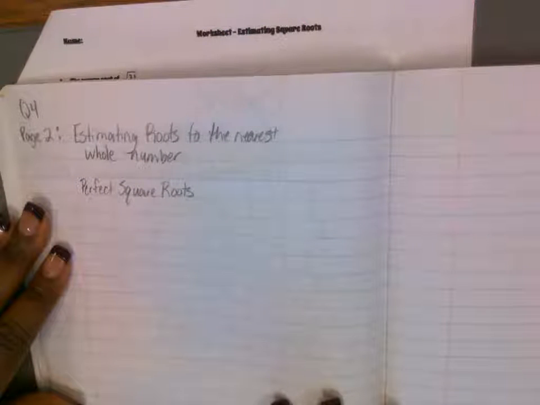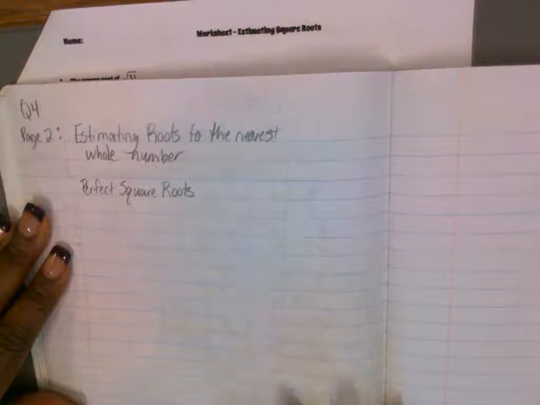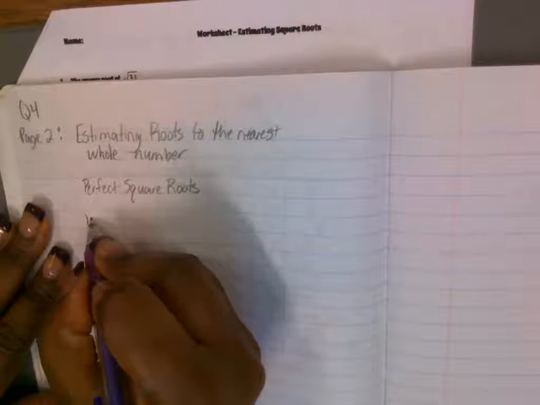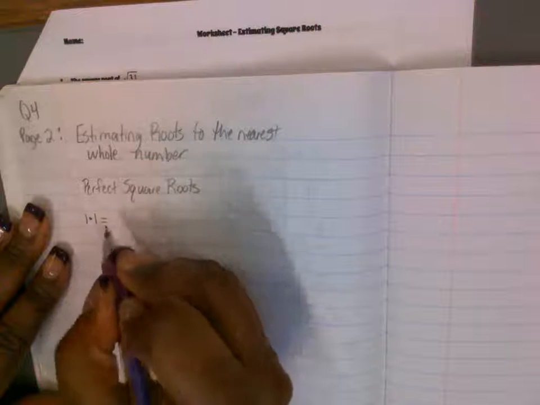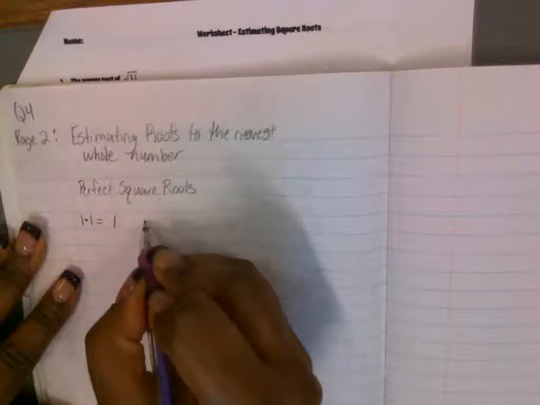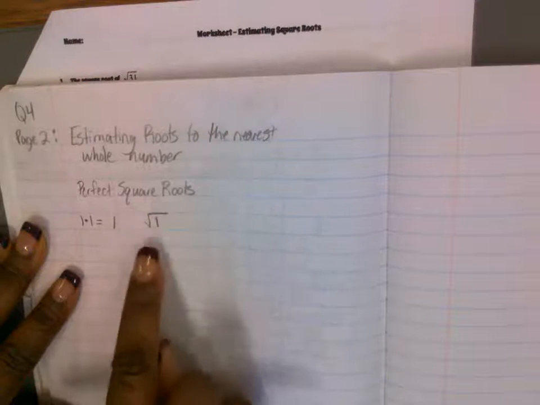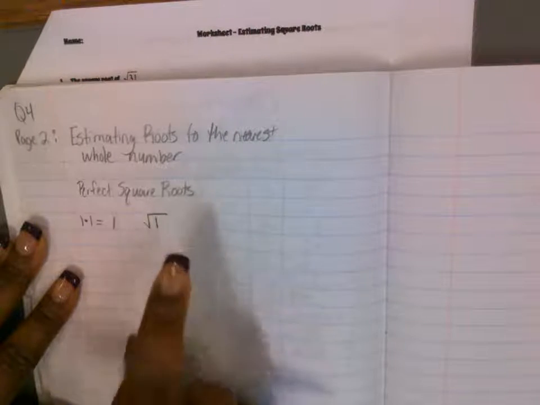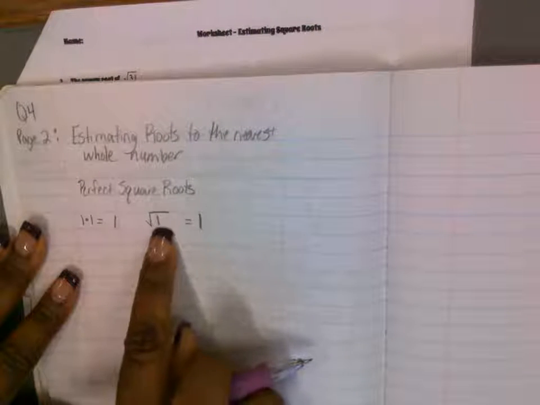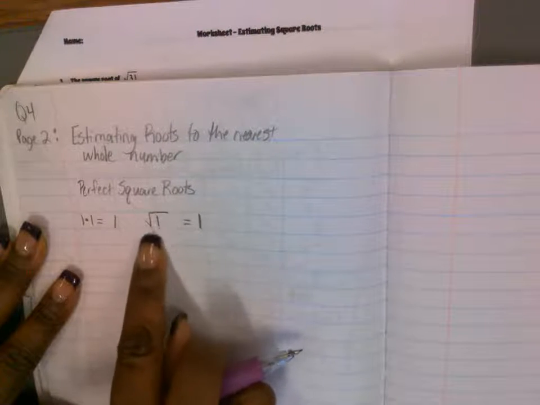This is how you create your perfect roots. You ask yourself, we're going to go with the first one, 1 times 1. What's 1 times 1? 1. Therefore, the square root of 1 is a perfect square root because it is equal to the whole number 1. So this is a perfect square root, the square root of 1.